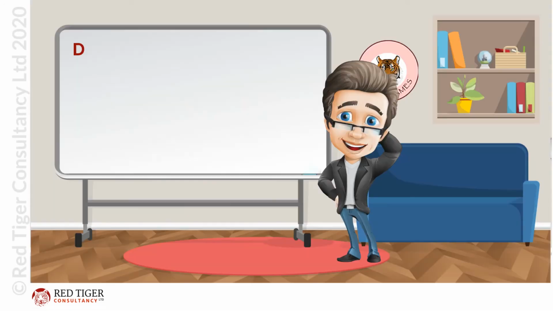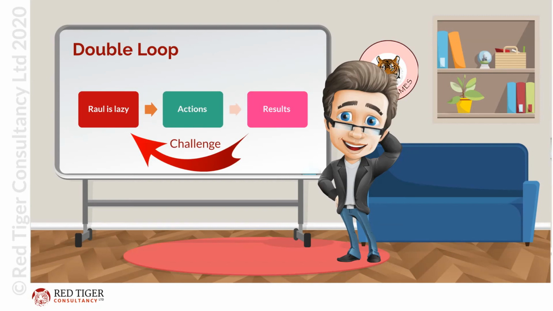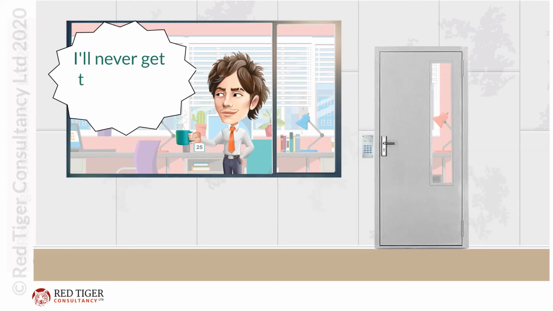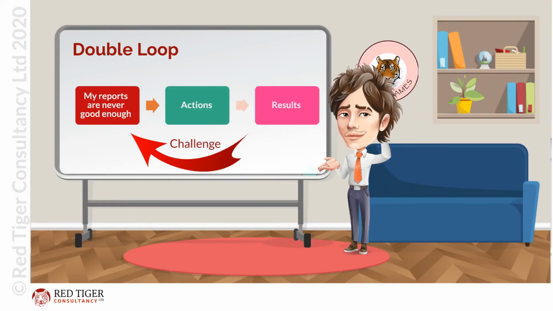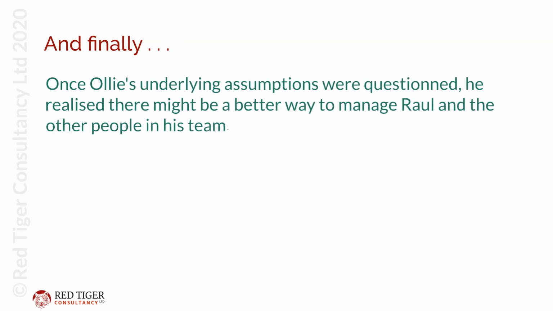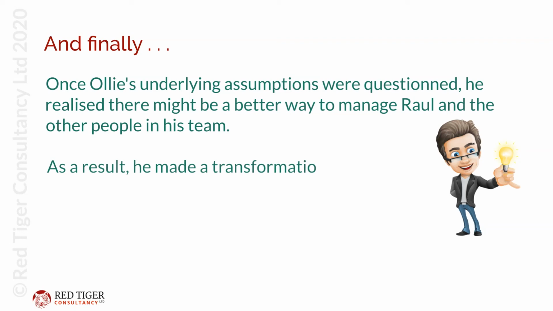Fiona, in challenging Ollie's original assumptions, enabled Ollie to have a different perception of Raoul. And then Ollie was able to challenge Raoul's assumptions about himself and the reports. And finally, using the double loop learning model enabled Ollie to make a transformational change to his leadership style.